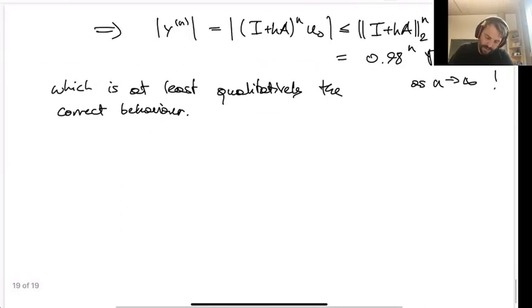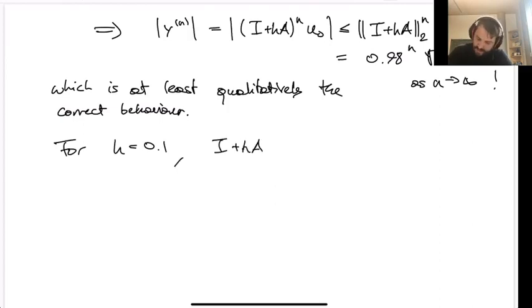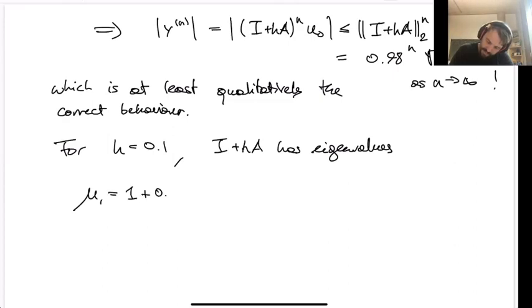However, if I now took h to be 0.1, then I plus HA has eigenvalues mu1, which is 1 plus 0.1 lambda 1, which is 0.8.